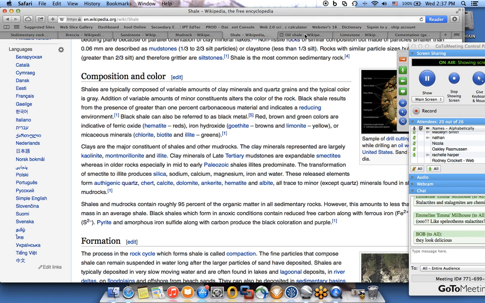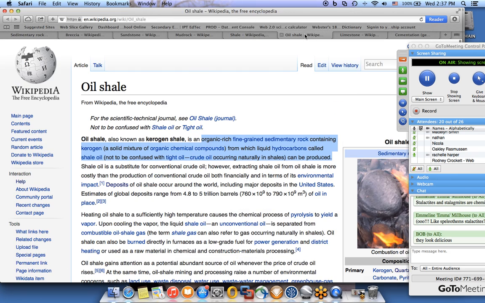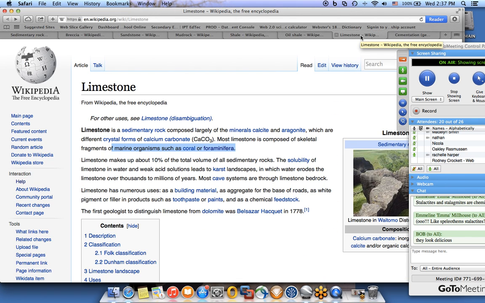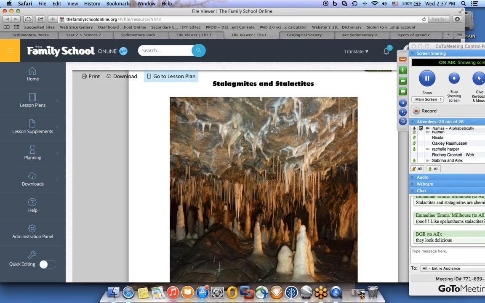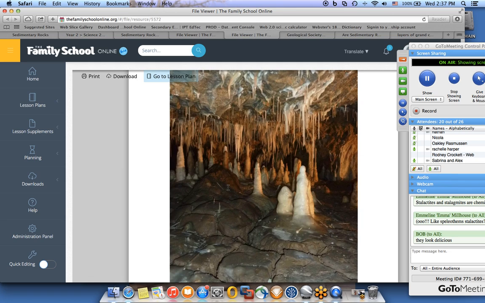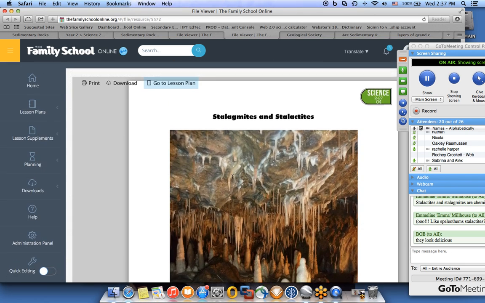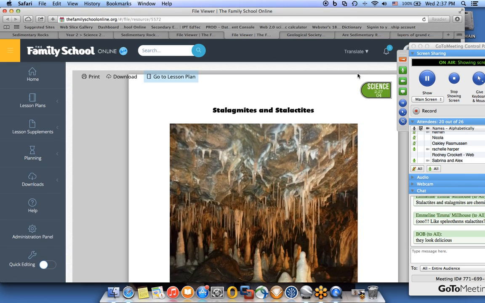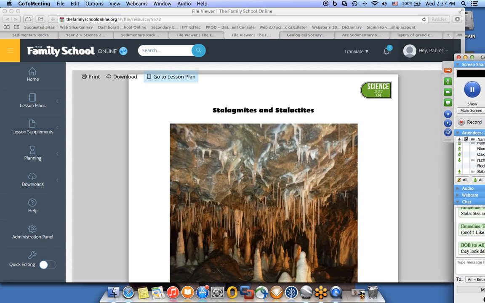Then we started seeing some bio-organic rocks like oil shale and limestone. And then we also saw some chemically produced rocks, which are these stalagmites and stalactites. So you can see the different processes of how sedimentary rocks are formed. Are you okay? Any questions so far?